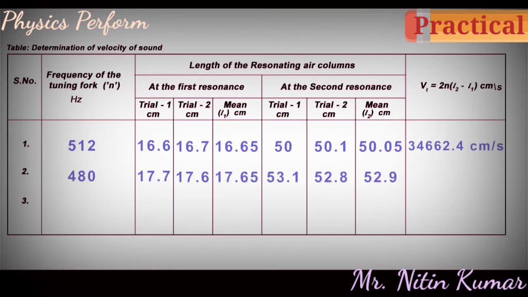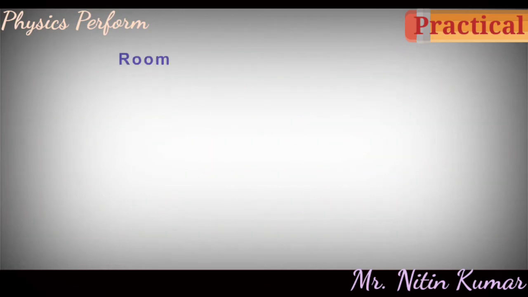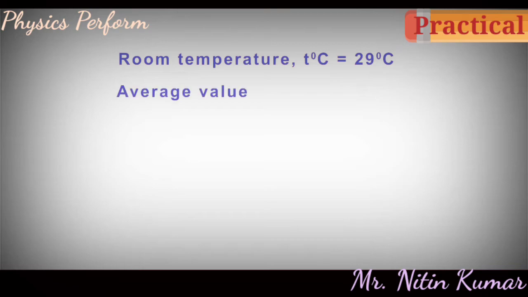Similarly, for tuning forks of frequency 480 and 426, the values are as follows. Room temperature T is equal to 29 degrees centigrade. Average value of Vt is equal to 34165.74 cm per second.